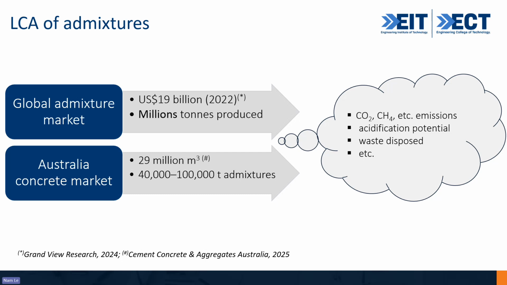And with this many metric tons of admixtures produced, not only in Australia but globally, we also release a lot of greenhouse gas, right? We also have a lot of emissions to the environment. And what happens?